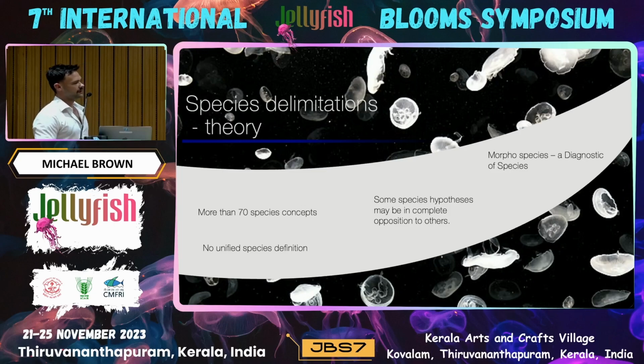Then I was reading some discussions on morphospecies. I went back to some of Mayr's work, and morphospecies were never meant to be a species concept itself. It's representative, it's diagnostic of a species. It's not meant to be a species concept in its own right. And that comes back to what a lot of us are pushing about integrated taxonomy and integrating multiple lines of evidence.